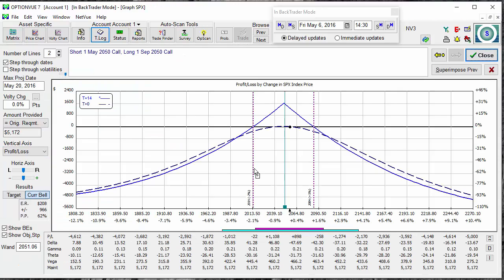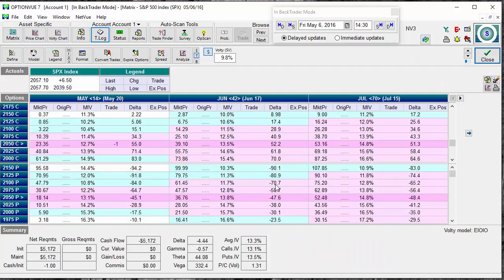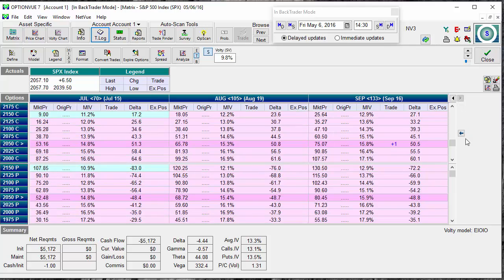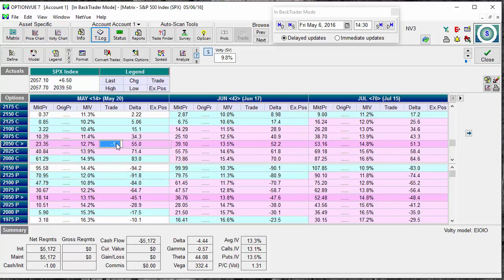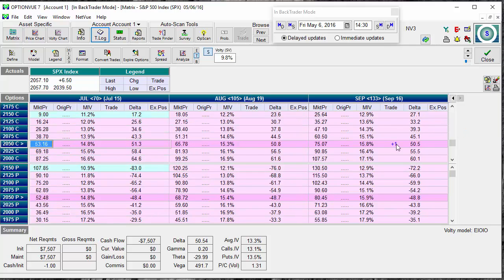You take on a ton more risk than I believe is necessary when these options are really close to expiring and you have a very large 12.7 to 15.8, a very large negative skew. So those are less than ideal circumstances.